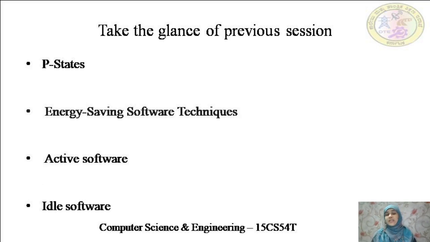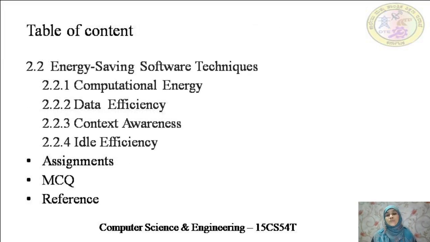Let's take the contents of today's class. We have different energy saving techniques which we use for saving energy in software technology. In that we have 4 different types which we use to achieve less power consumption or less energy usage.